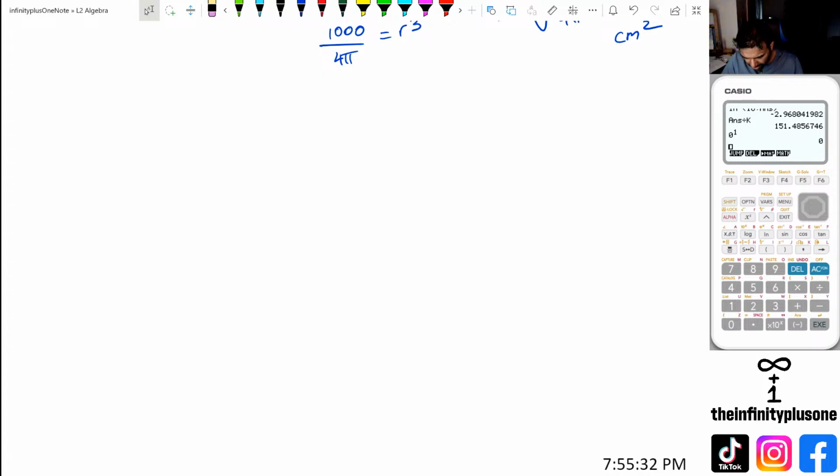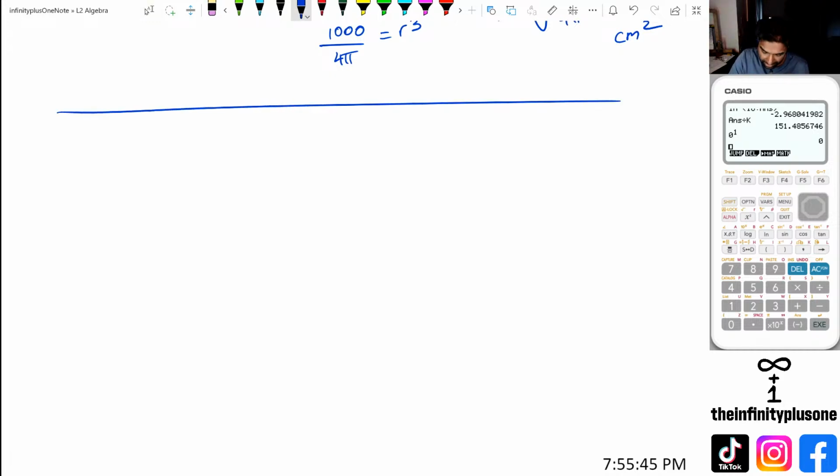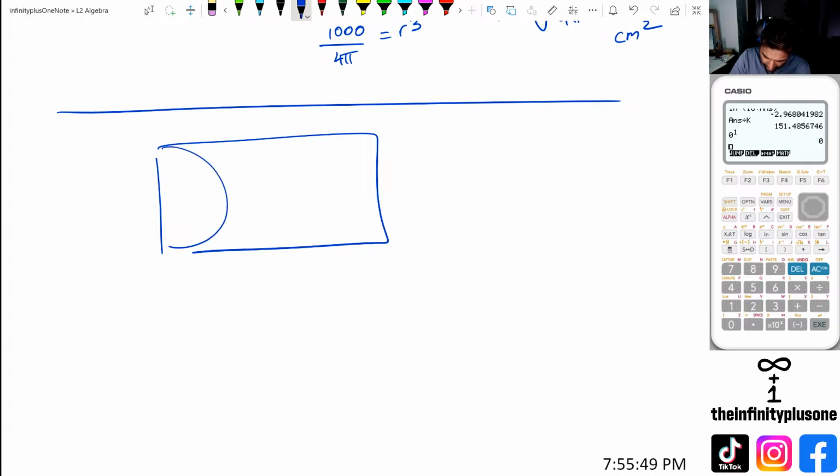Okay, I've got another question here. I've got the cylinder question. I've got some circle question next. What the hell is this? Area of circle. Okay, I don't know which topic this is, but I'm going to try and figure it out. So you've got a rectangle and then a circle and a semicircle.